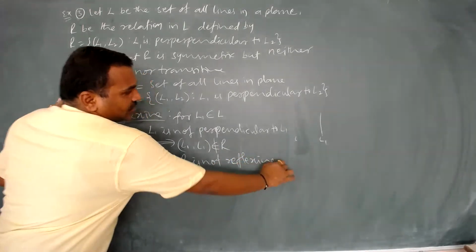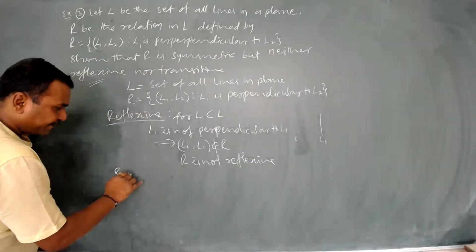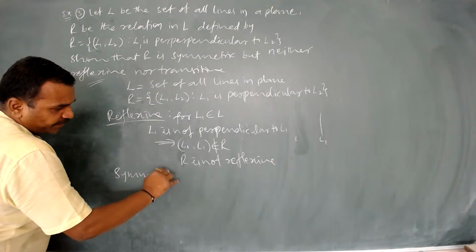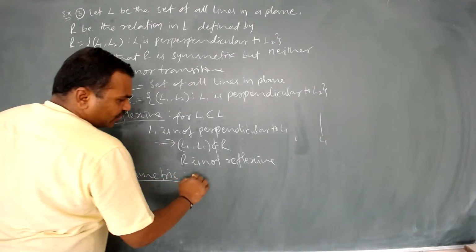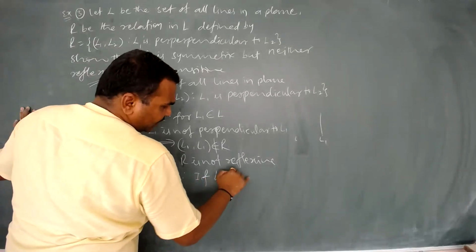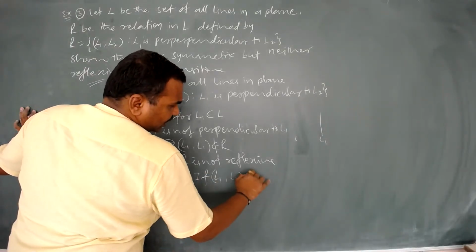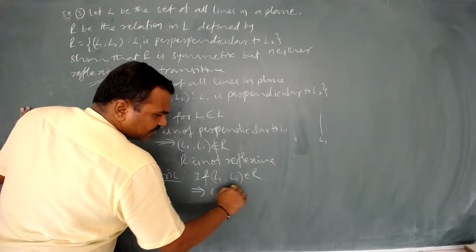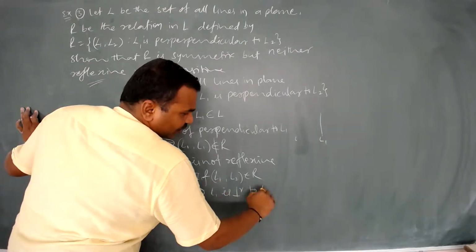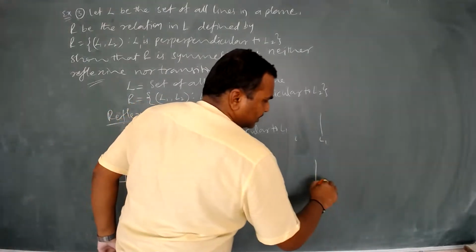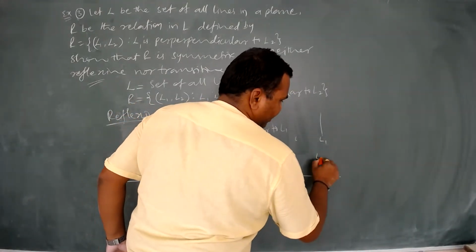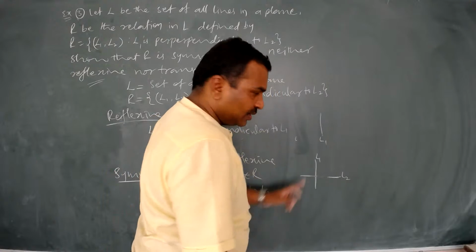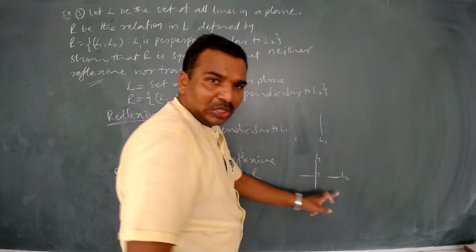Here, next, go for symmetry. What is symmetry? If (L1, L2) belongs to R. What is the meaning of (L1, L2) belongs to R? L1 is perpendicular to L2. Just observe. This is first line, this is second line. L1, L2. L1 is perpendicular to L2.